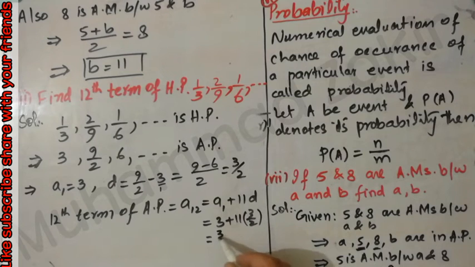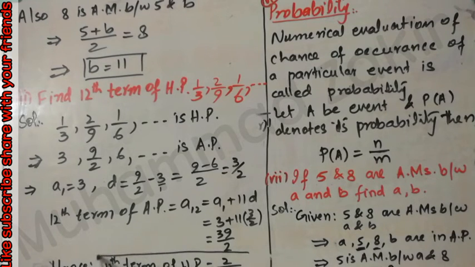It will be 39 by 2. It is the 12th term of AP, remember this. Hence we finally write the 12th term of HP, which is required, is the inverted form of this, 2 by 39. So this is our answer.